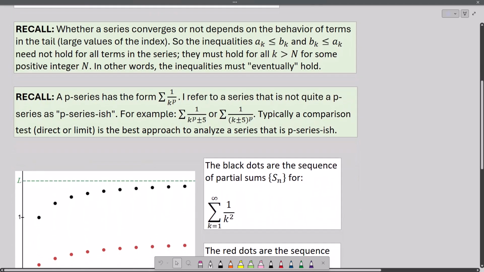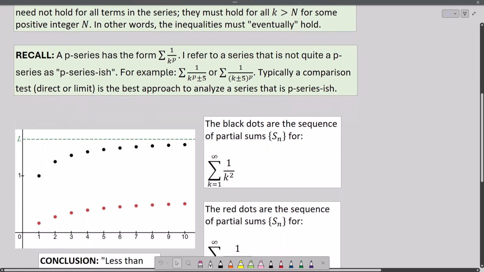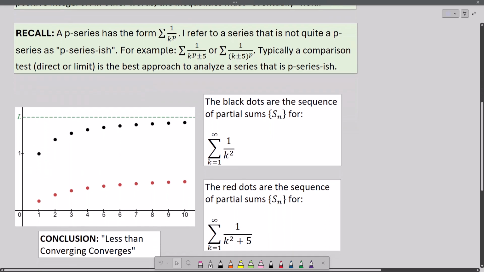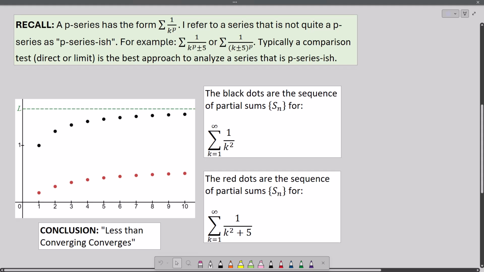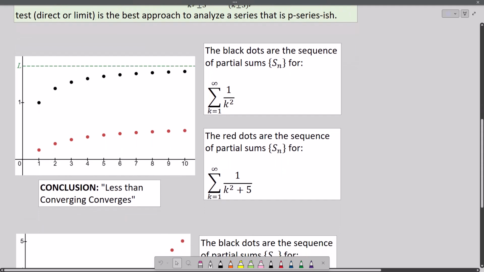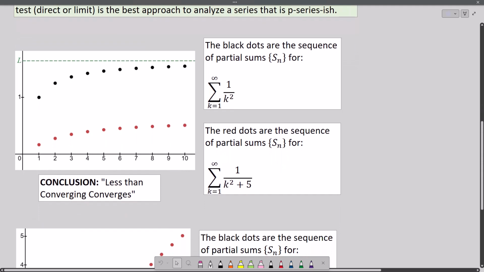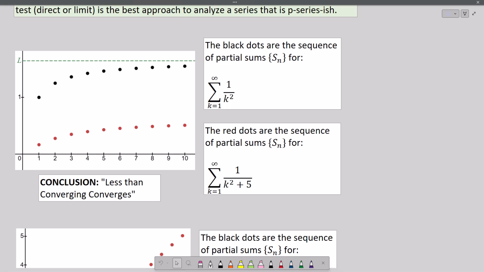All right, so this is just some visualizations here. Here is a picture of 1 over k squared. That's what the blues are representing. The black dots are the sequence of partial sums. So remember, we have 2 visualizations.